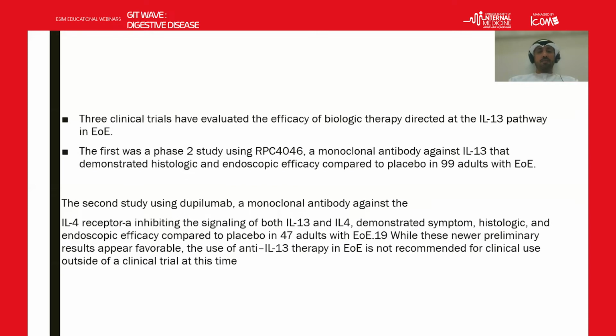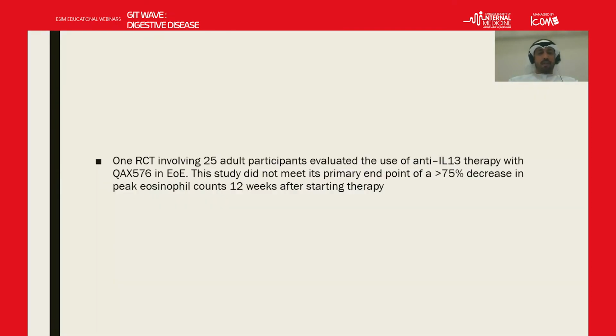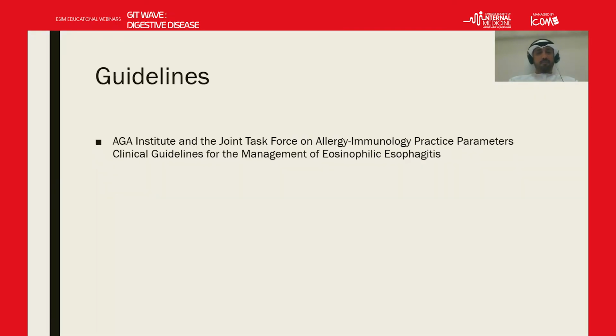One of them is a monoclonal antibody against interleukin-13, and they demonstrated histological and endoscopic efficacy in 99 adults with EoE. Another second study looked into dupilumab. All of them, as I said, are under investigation.